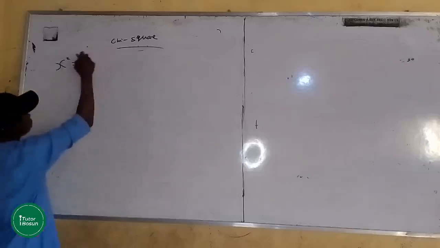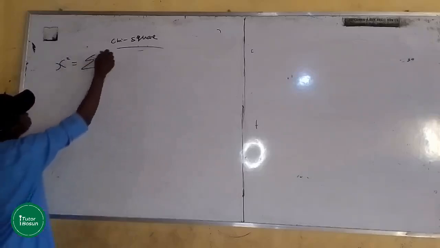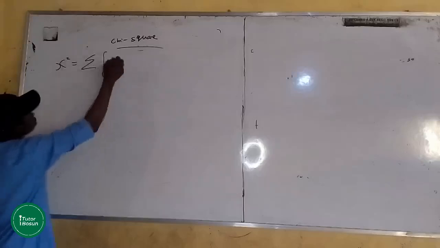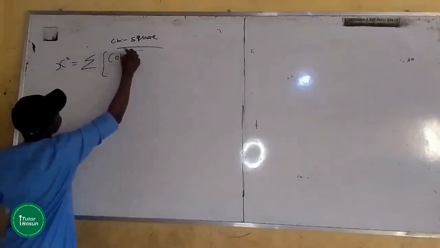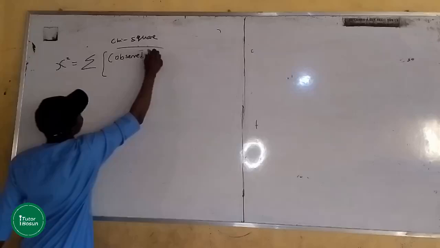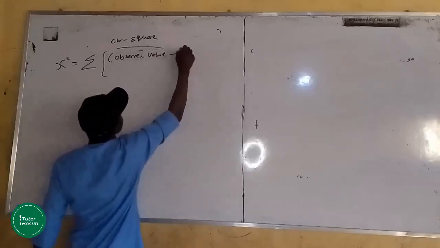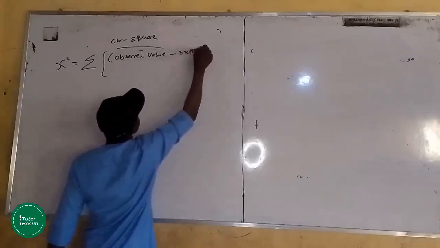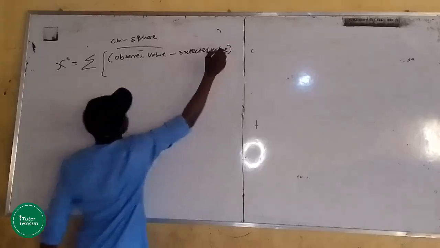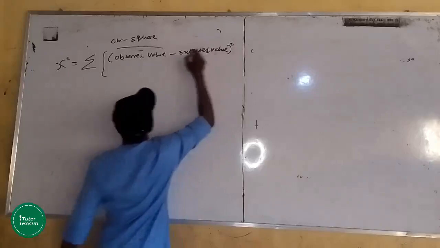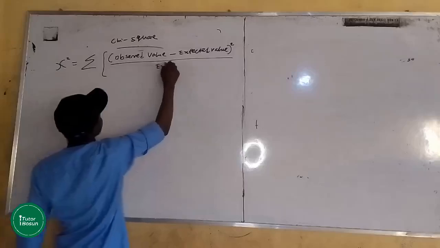So it says s square equals the summation of (observed value minus expected value) all squared, divided by expected value.